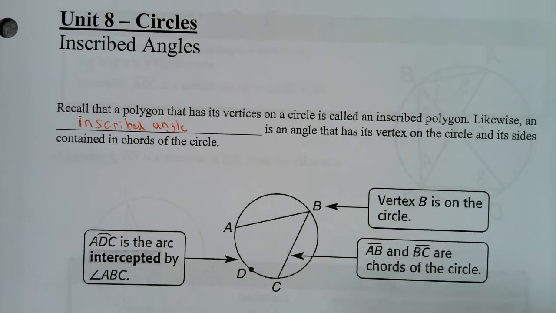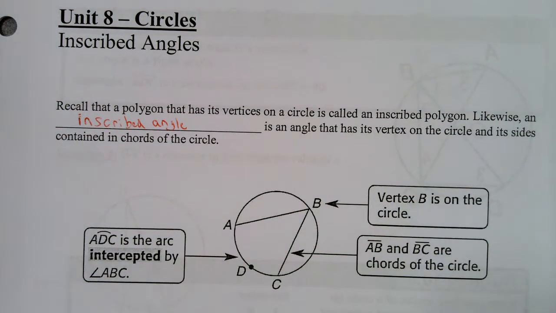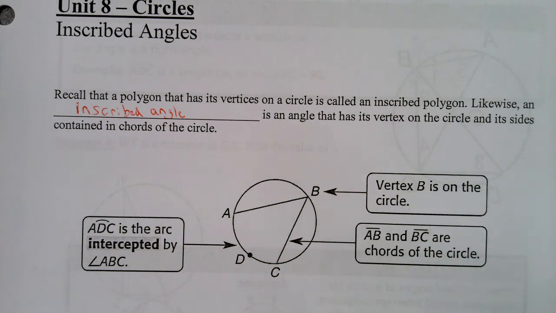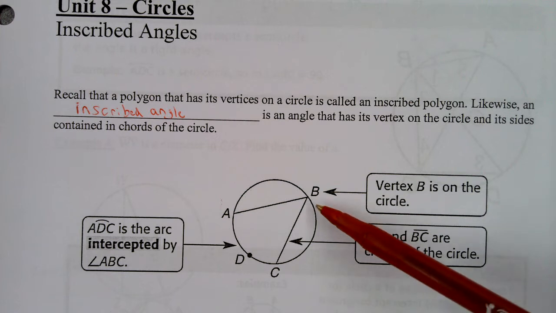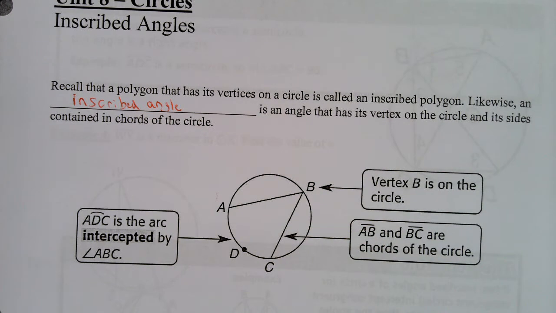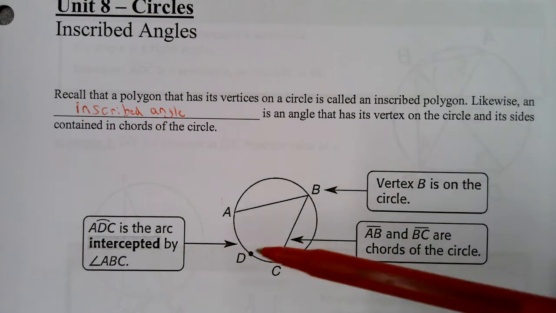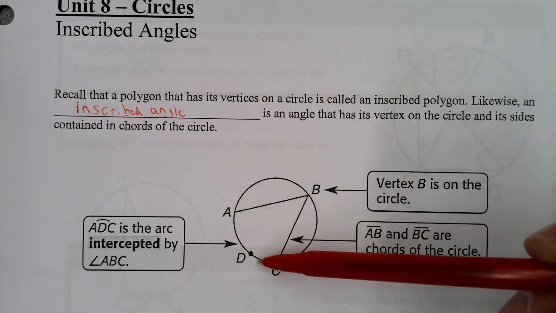So for example, in this diagram, angle ABC is an inscribed angle, because its vertex B is on the circle and its sides, AB and BC, are both chords of the circle. Its intercepted arc is arc ADC.